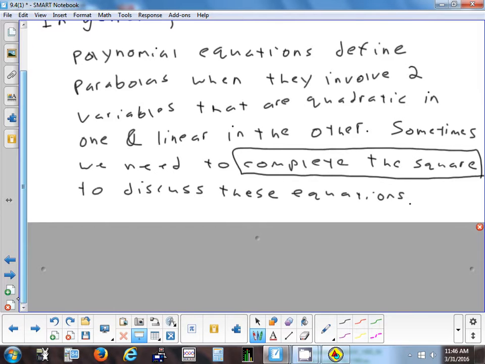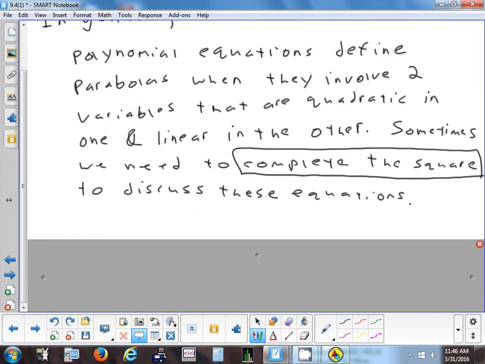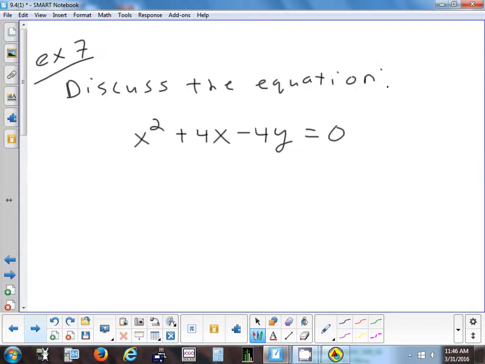Okay, we've covered completing the square a couple times this year, so I'm just going to go through it. And if you need to take notes on it, just kind of take some notes as we go through it. All right, so first thing I said we should definitely make sure is that we're going to have x's on one side when we're done and y's on the other.